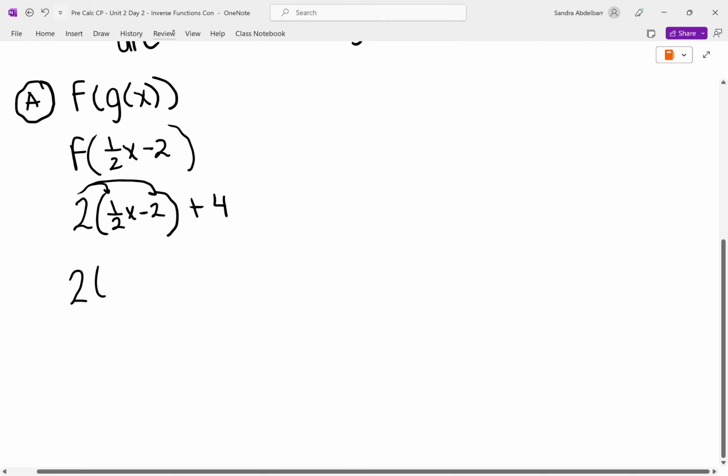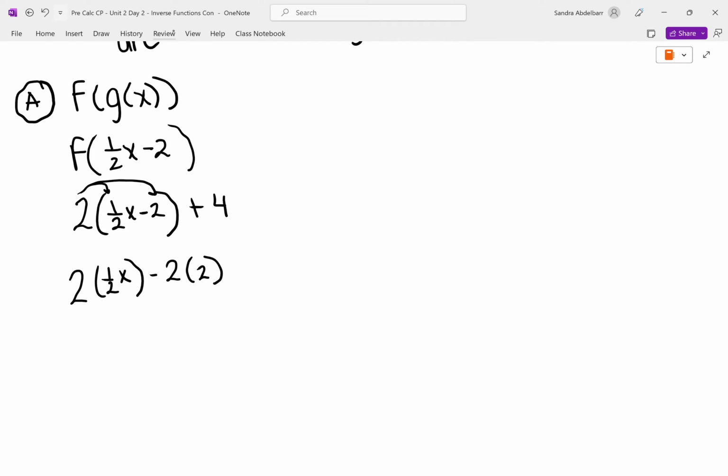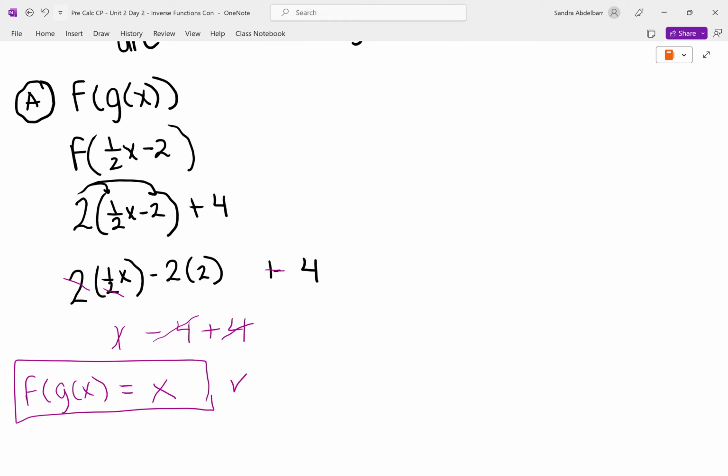So we're 2 times a half x minus 2 times 2 plus 4. When we multiply the half times 2, those 2's cancel. So now we're left with x minus 4 plus 4. Well, what's a negative 4 plus a positive 4? 0. So did we just show that f of g of x is equal to x? Yes, we just showed one part of our proof.